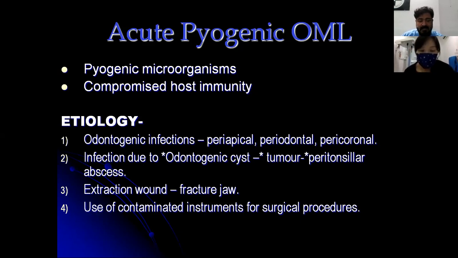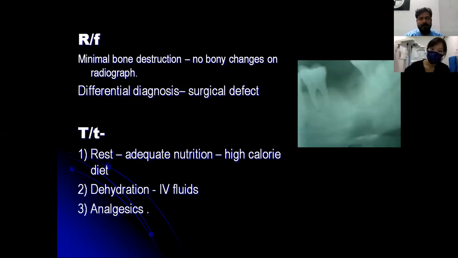So this is like iatrogenic, if you are using contaminated instruments. In radiological features, minimal bone destruction, no bony changes on radiograph because it's too early. Then differential diagnosis may be a surgical defect.